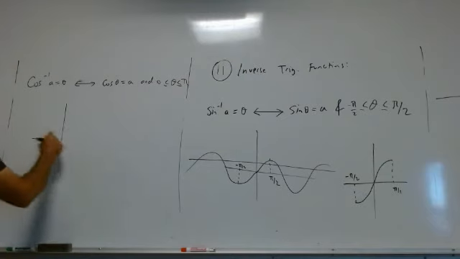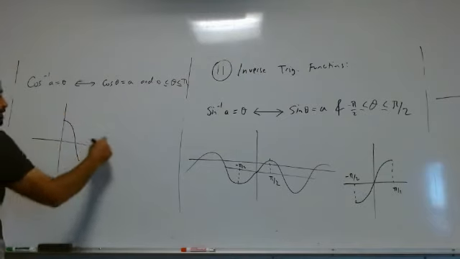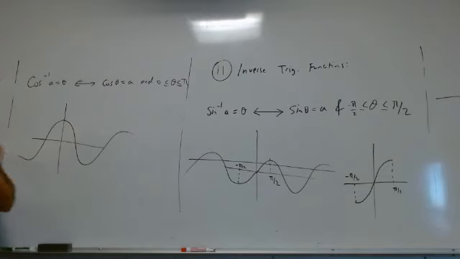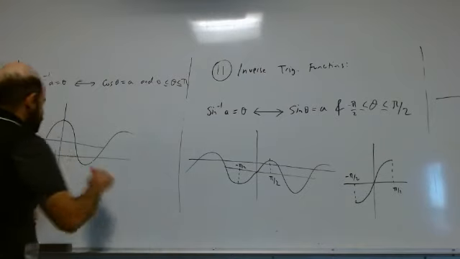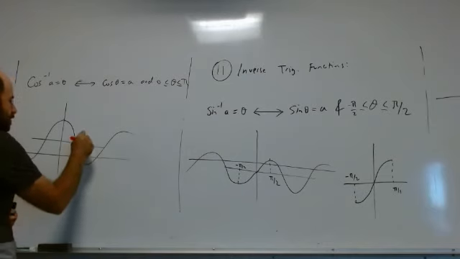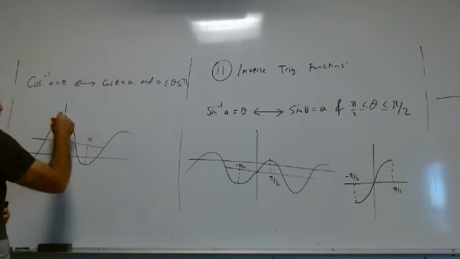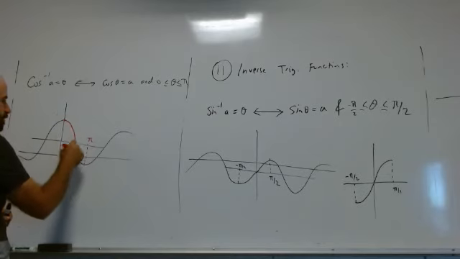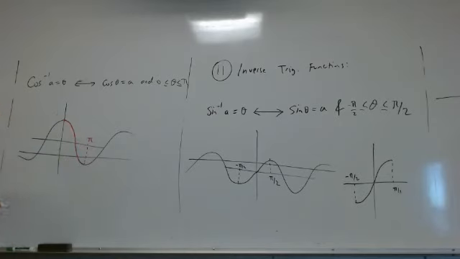So for cos theta, again, see it's not 1 to 1, right? Draw a horizontal line, it passes the graph at many points. But if you consider 0 to pi, this part, then the function again becomes 1 to 1, right?